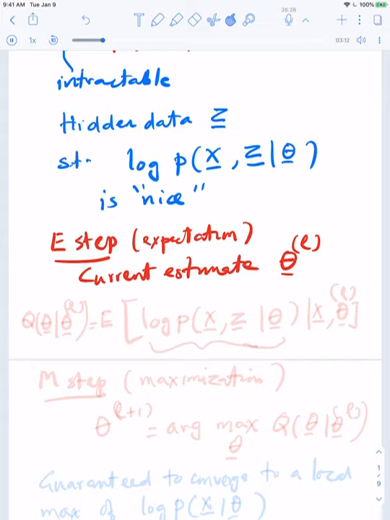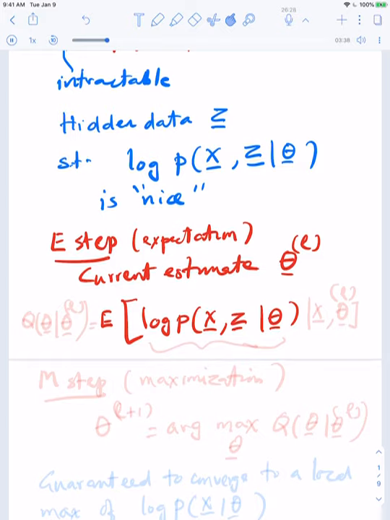And what you want to do is you take this log of this joint density of X and Z given theta, and you average out Z. So Z was the thing that made the log likelihood function look nice, and so the form hopefully is nice enough that you can do this average.